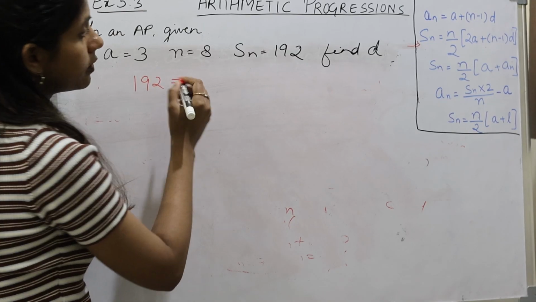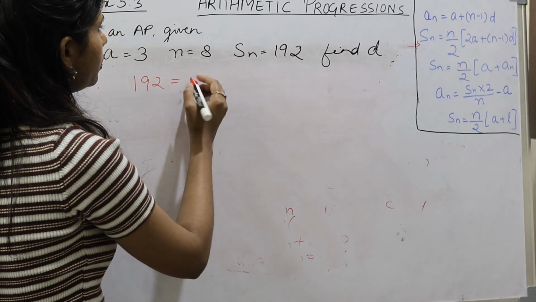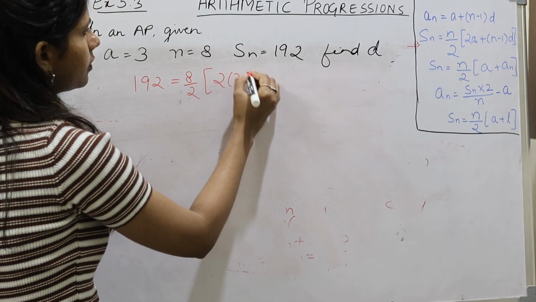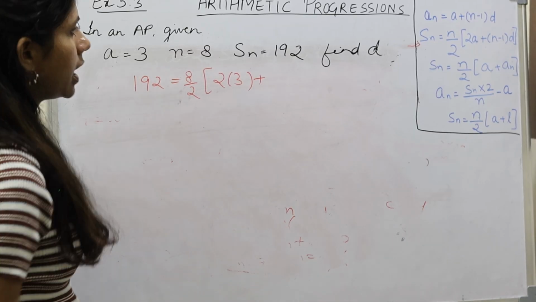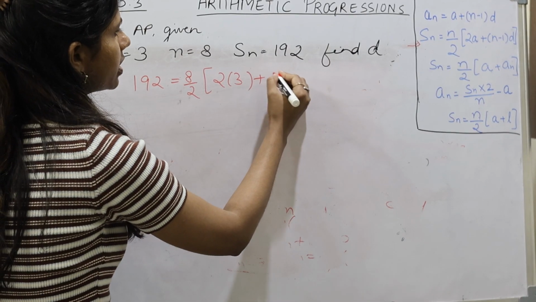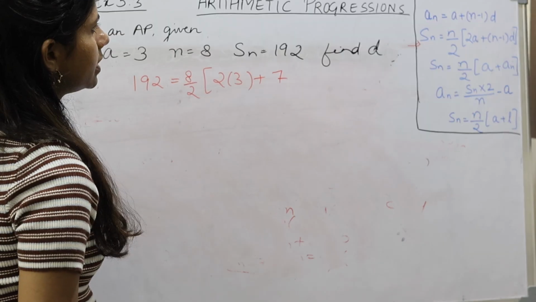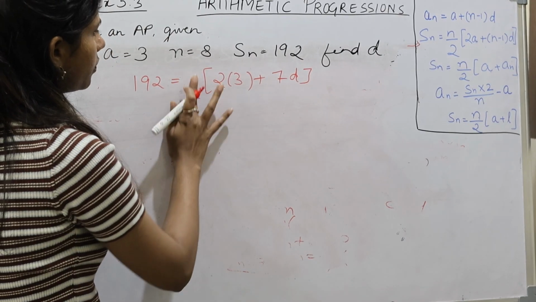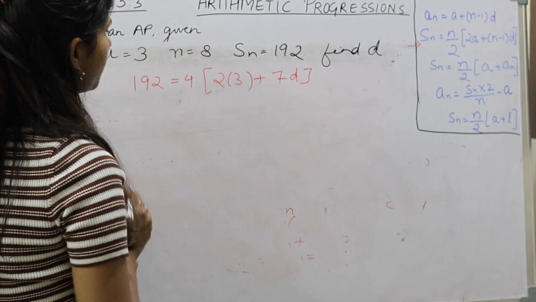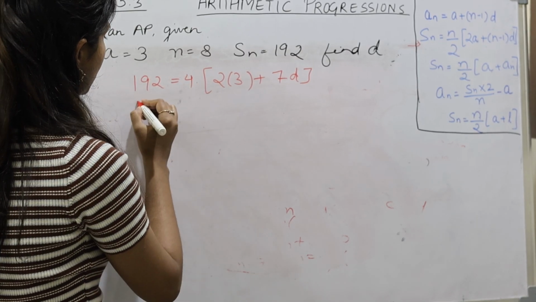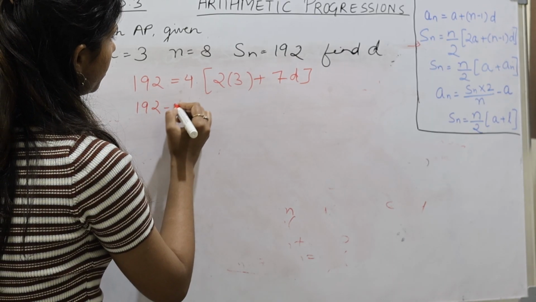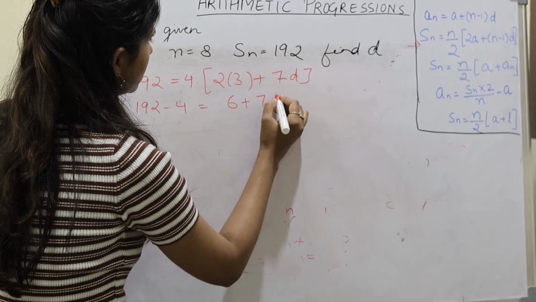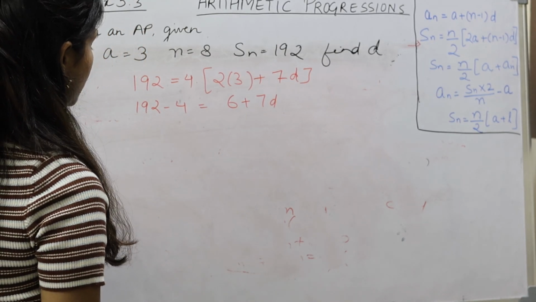Okay, so let's just use it. Sn, which is 192, equal to n by 2, 8 by 2, into 2a plus n minus 1, 8 minus 1, 7, d. Okay, d we have to find out. So this will become 4. This will be 192 minus 4 equal to 7d.